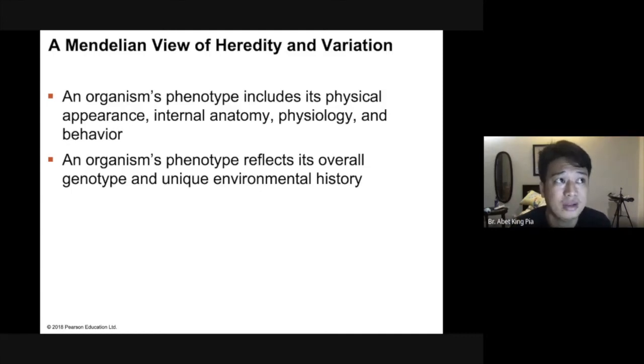Given halimbawa that you have cystic fibrosis or Tay-Sachs disease or even cancer, for example. Kasi there are types of cancer that can be passed on or heritable traits. May mga ganun type ng cancer. Meron din naman na hindi.